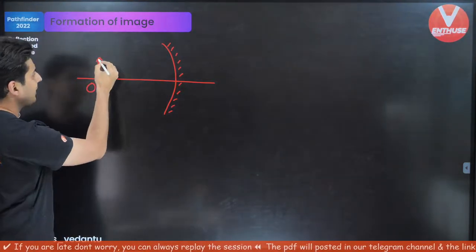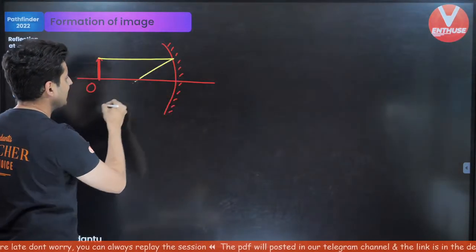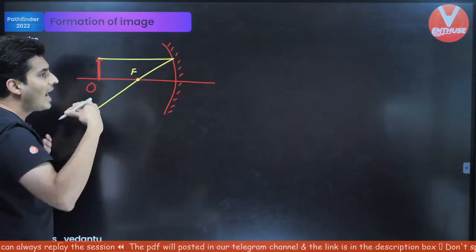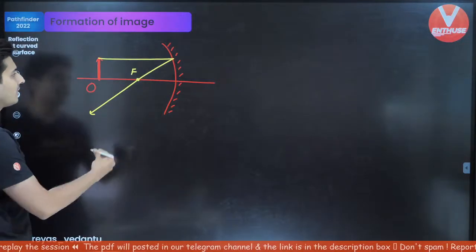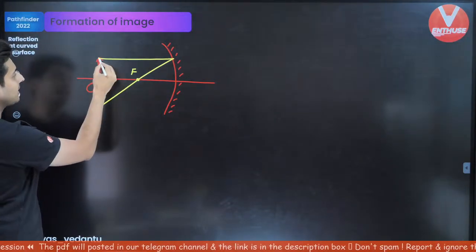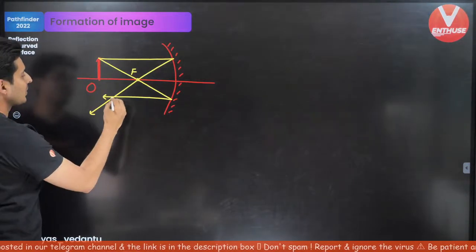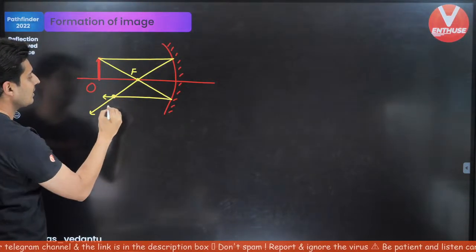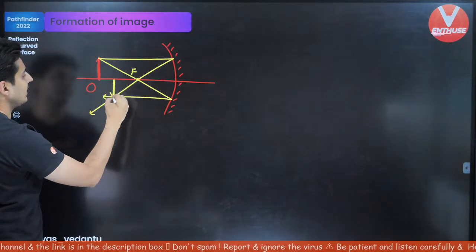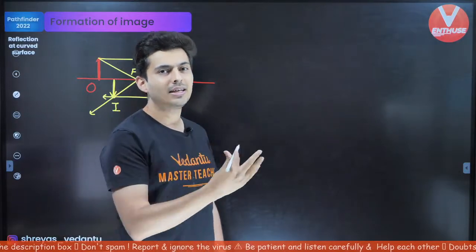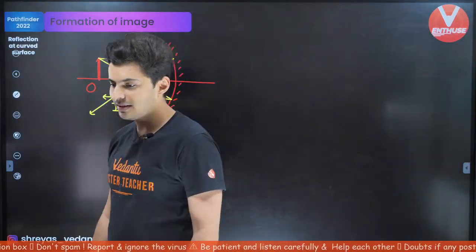Let's say one ray could be parallel and it passes through the focus. Maybe this is the focus. You can draw another ray which passes through the focus, and after reflection, it becomes parallel. So now you know they intersect over here. Hence, this is our final image. That's how you locate any image. Is that clear, my warriors?